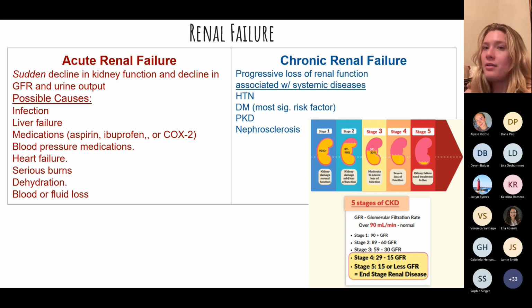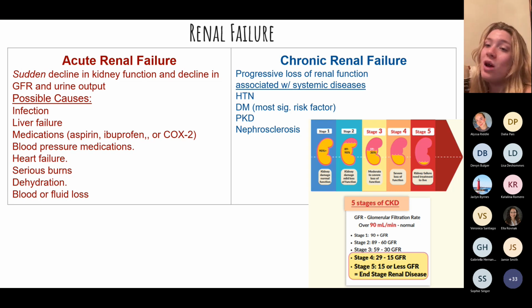Renal failure, on the other hand, we're now going to be looking at our GFR, our glomerular filtration rate. All that big fancy word does, it measures how well our kidneys are functioning. So if I'm at 90, that's great. I'm filtering a lot, and that's wonderful.